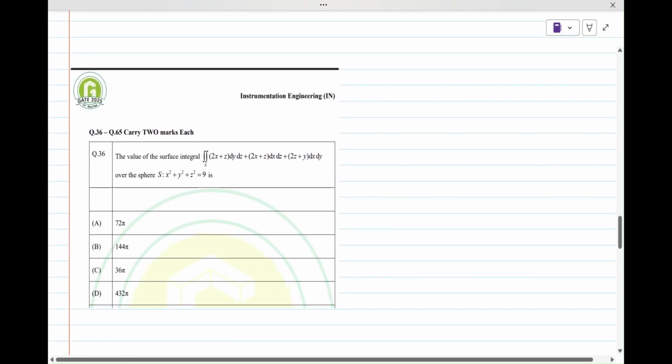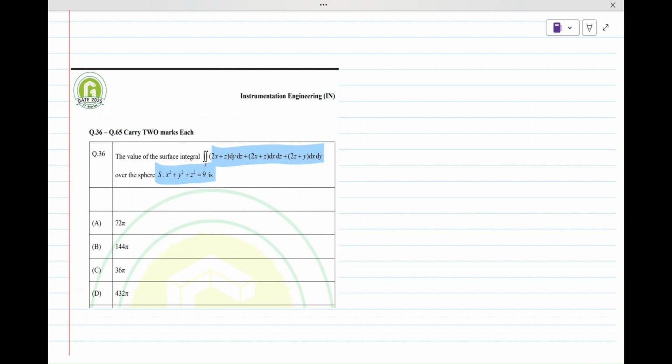The value of the surface integral over the sphere, this one. The sphere is given to you, it means x square plus y square plus z square is equal to 9. 9 means 3 square, so here r, that is the radius, is equal to 3. Right?